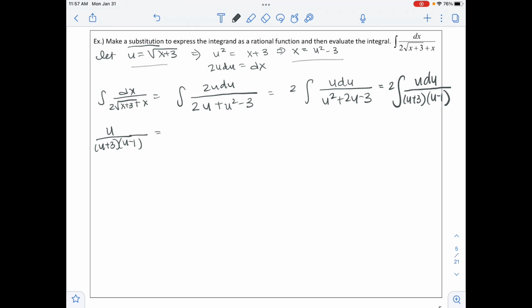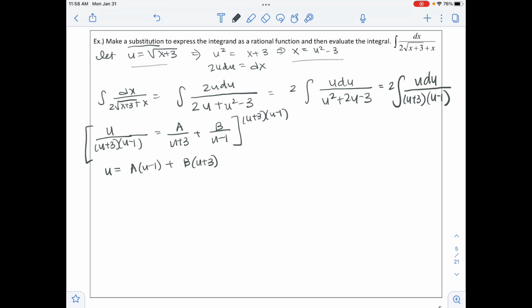They're both linear factors, and they don't repeat, so this would be A over u plus 3 plus B over u minus 1. And then multiplying both sides by that common denominator, which is u plus 3, u minus 1, we have u equals A times u minus 1 plus B times u plus 3.